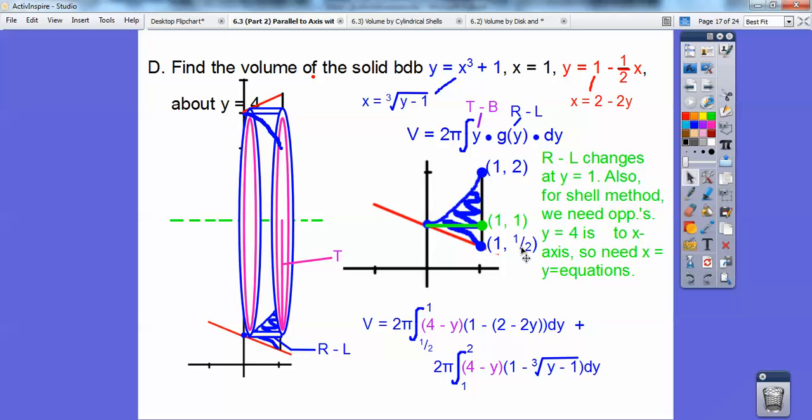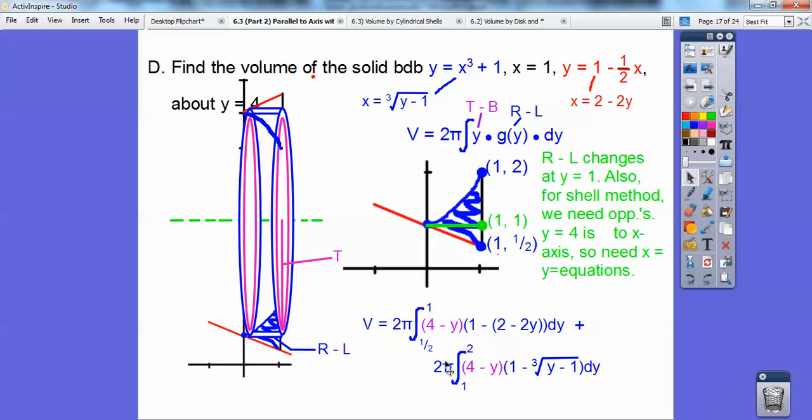So I'm going to have the integral from 1/2 to 1, and then again the integral from 1 to 2, because righty minus lefty goes from, here's righty minus lefty, and then here's righty again minus lefty. So it goes from this line to this line, and here it goes from this line to this cubic equation right there. Okay, so I get that right there.